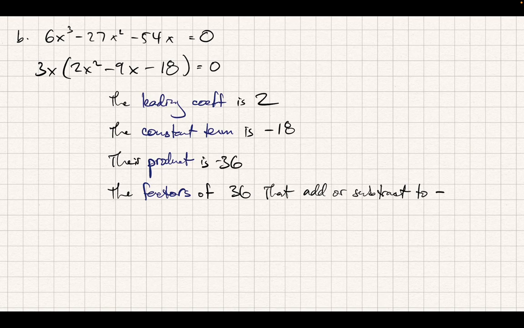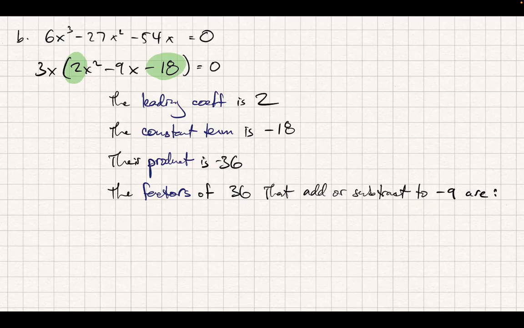So far we have used our leading term and our constant term, and what's left? Negative 9. We want them to add or subtract to negative 9. What are the factors of 36? 6, 4, 9, 3, and 12. So it's plus and minus for all of these, right? So plus 36 minus 1, those are factors of negative 36.